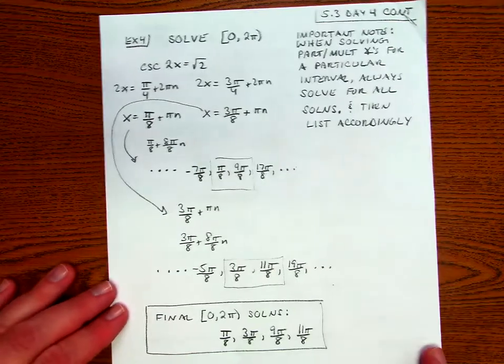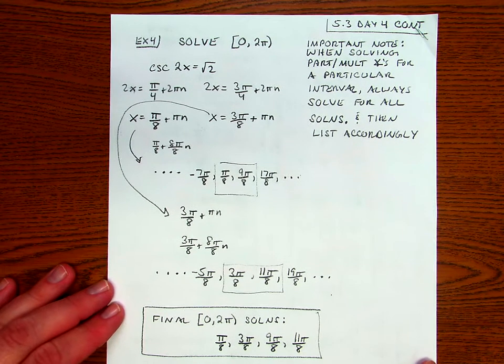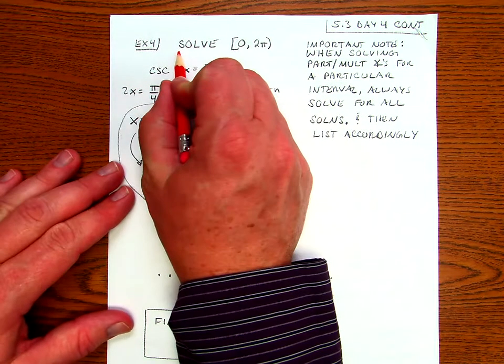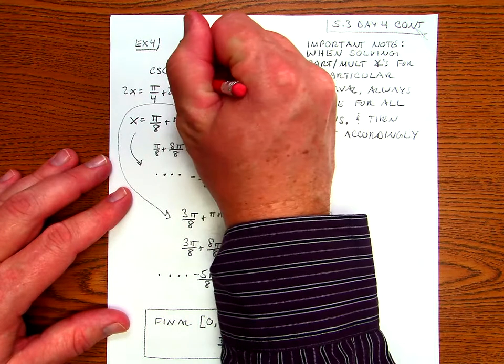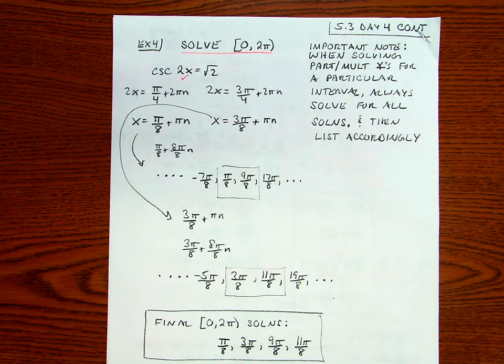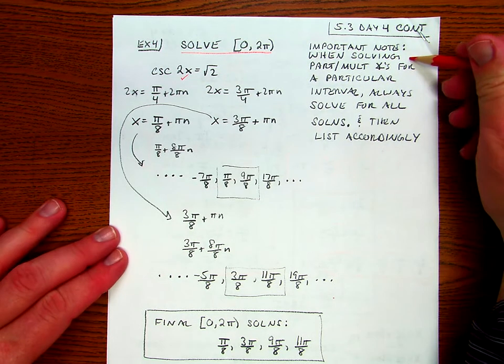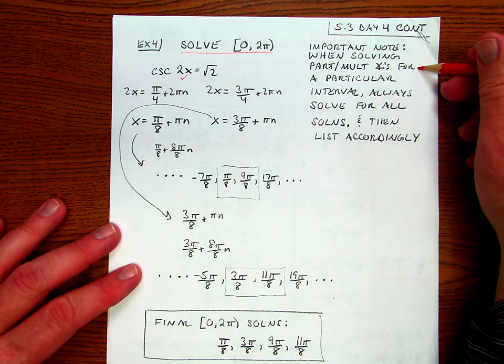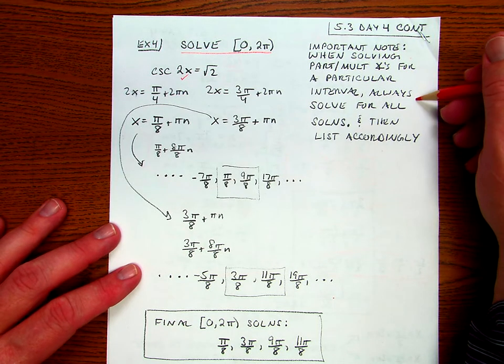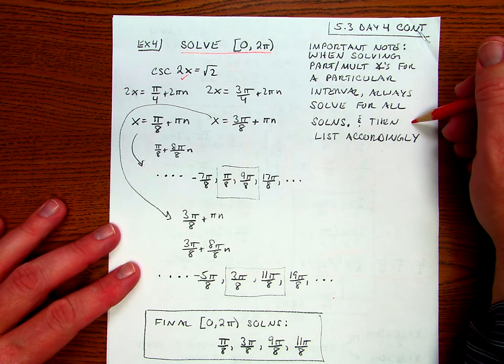Okay, last example for today. We're going to go back to the instructions of 0 to 2 pi, but we're going to do so with an equation that has a multiple angle. Whether it's a multiple or a partial angle, we're going to take the same approach. When solving partial or multiple angle equations for a particular interval, always solve for all and then list accordingly.